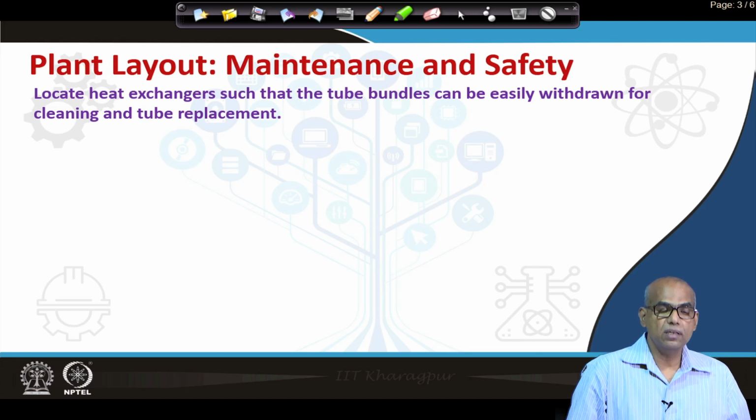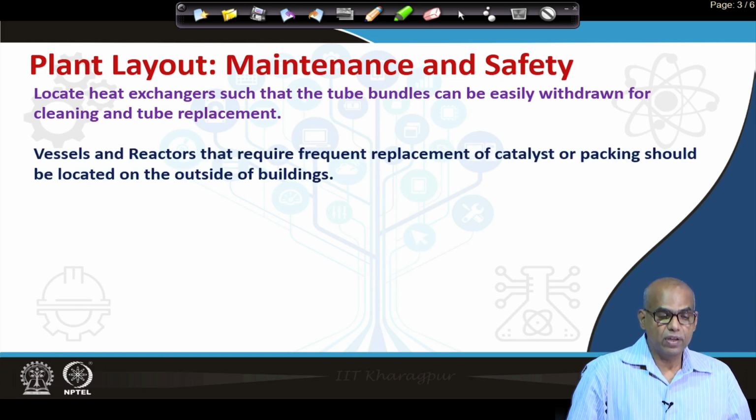Now, let us consider some factors based on maintenance and safety. Locate heat exchangers such that the tube bundles can be easily withdrawn for cleaning and tube replacement. Vessels and reactors that require frequent replacement of catalyst or packing should be located on the outside of buildings.